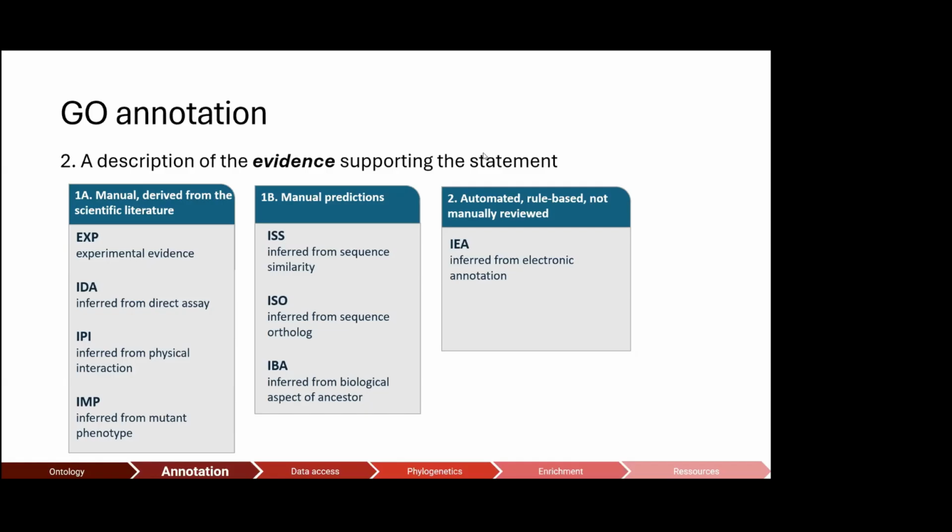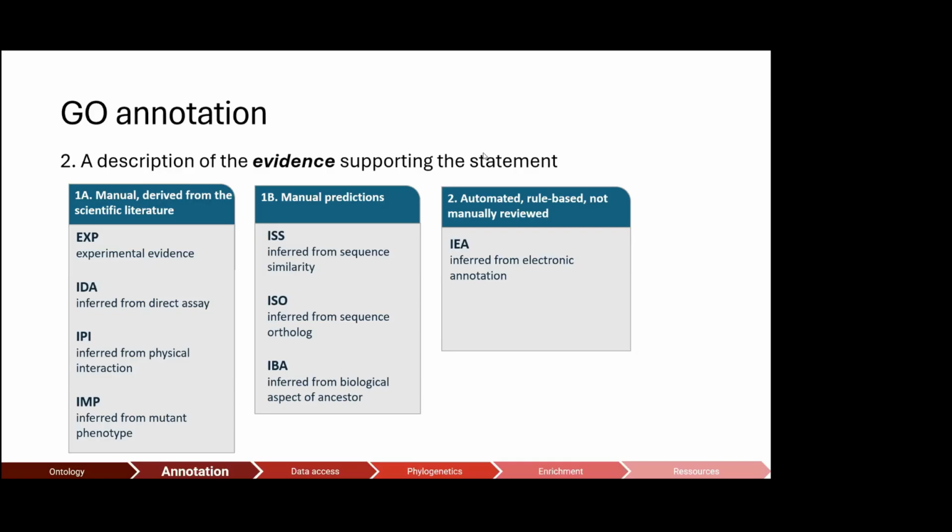In the second category, you have manual prediction. It's a biocurator, but it's not directly from a publication; it's from a different method. For instance, you can infer a Go term from sequence similarity, ISS.